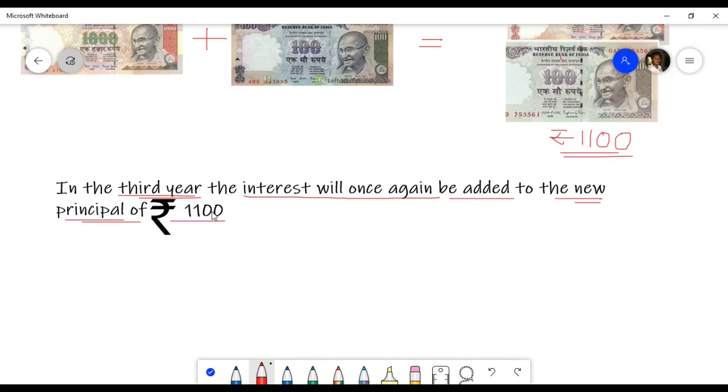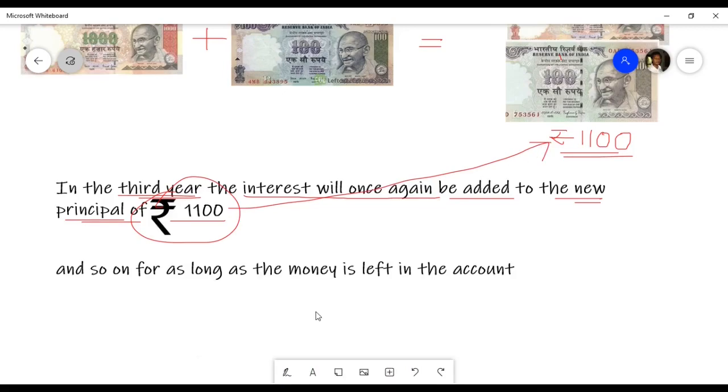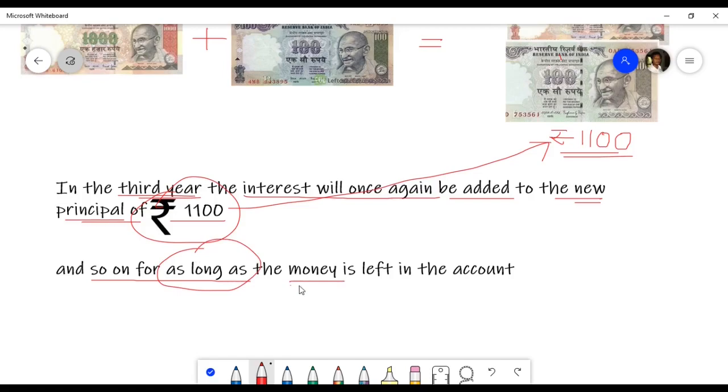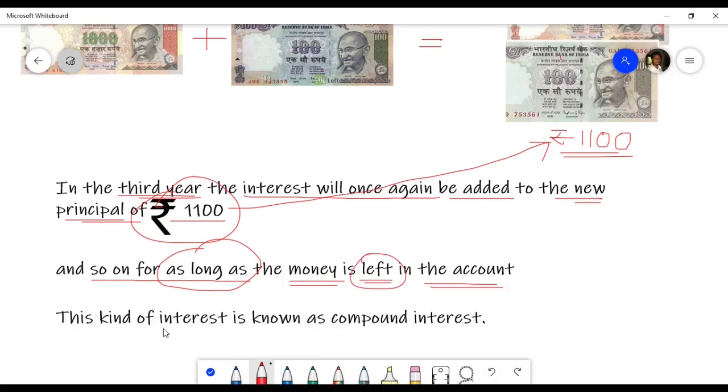So in the next year, 10% of 1100 will be added to this amount, the present principal amount, and so on for as long as the money is left in the account. As long as the money is left in the account, the interest will be added to that principal. Now this kind of interest is known as compound interest.